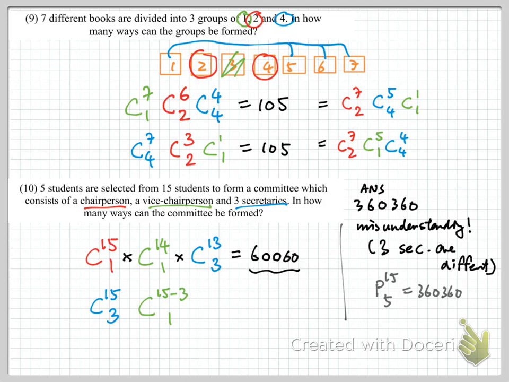And likewise you have yet 1 less person to choose from. You are down to 15 minus 4, which is 11 persons, and you choose 1 as the chairperson. I didn't work out the calculation, but I believe it is the same. If it is not the same, you tell me.